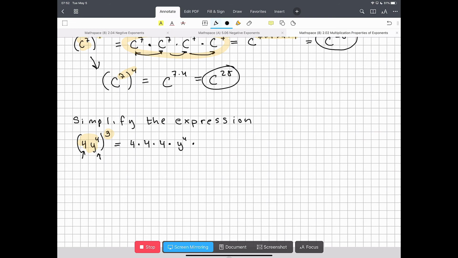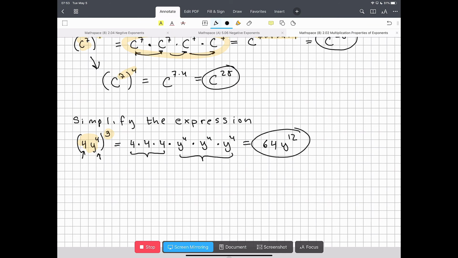Y to the 4th times y to the 4th times y to the 4th. So I've expanded it out, and now I can start simplifying. 4 times 4 times 4 is 64, and y to the 4th multiplied by y to the 4th multiplied by y to the 4th is y to the 12th. So there's my answer.